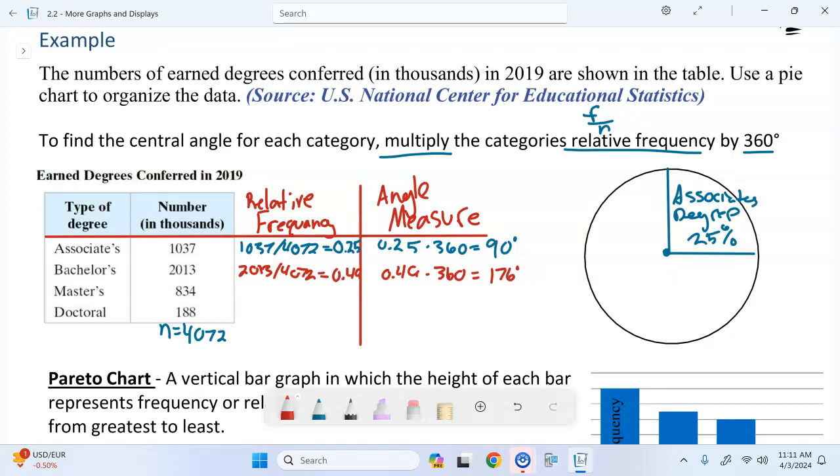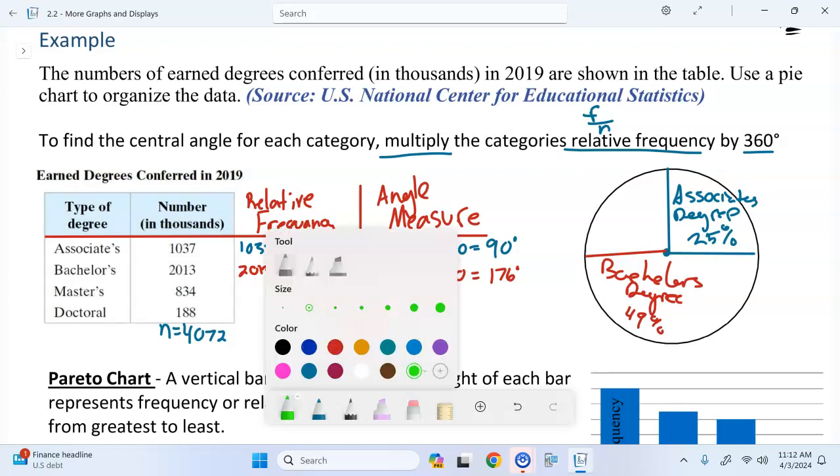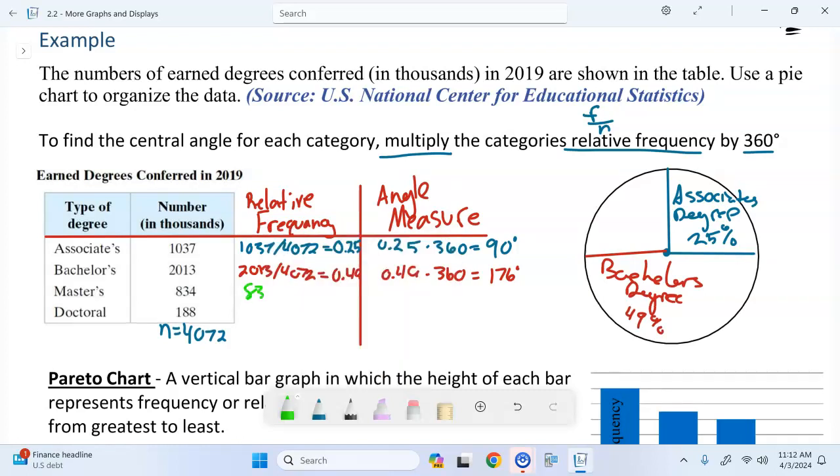Yeah. So almost 180. So we have a straight line, just a little bit less, not by much. And there's our bachelor's degree. And that accounts for 49%. Masters.